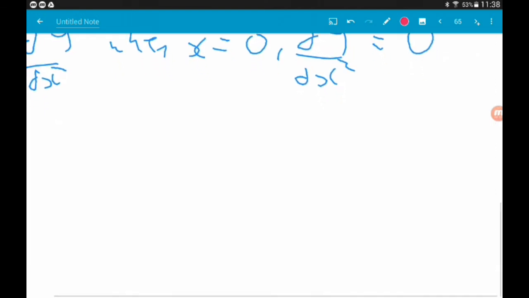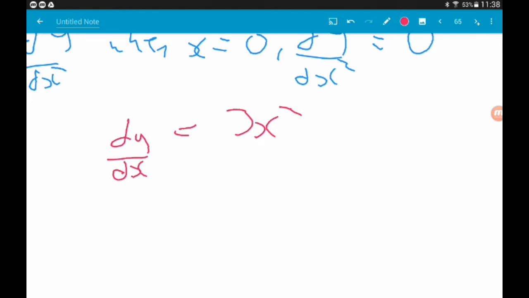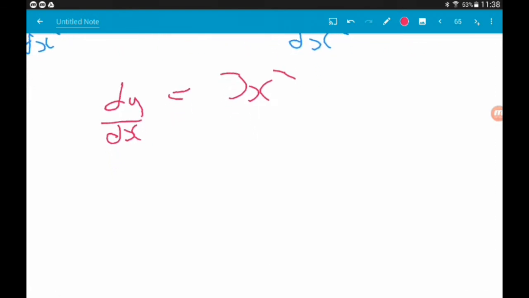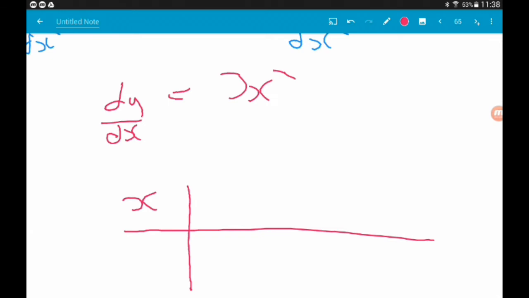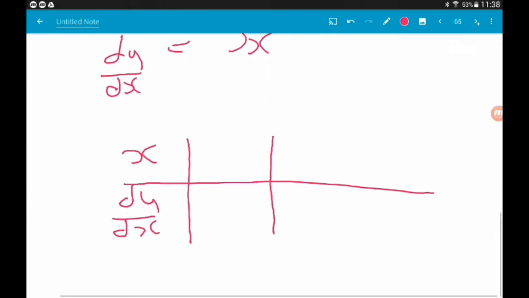So remember that dy by dx is 3x squared. And what we're going to do in our table is we're going to have some x values. So we already know when x is 0, we know that dy by dx is 0, because that's our stationary point.